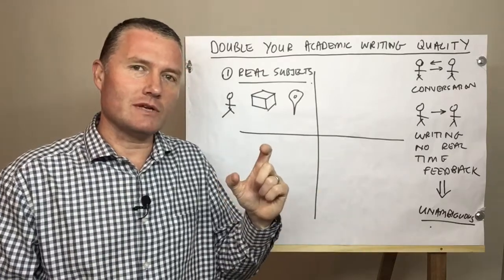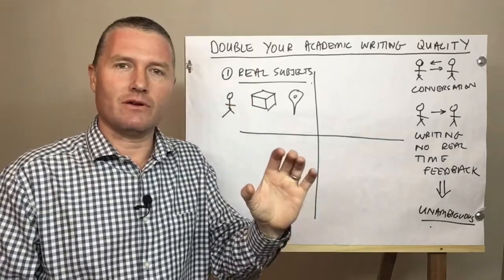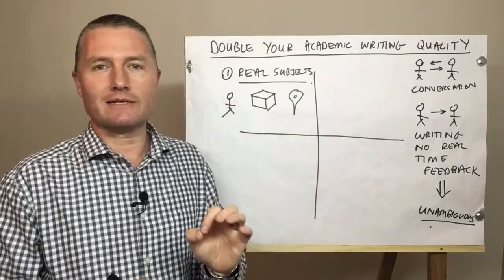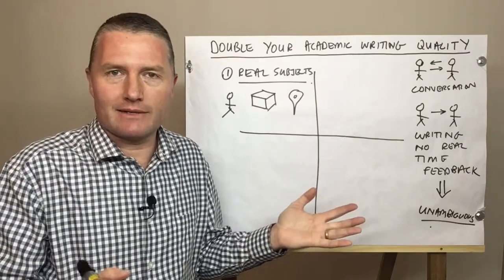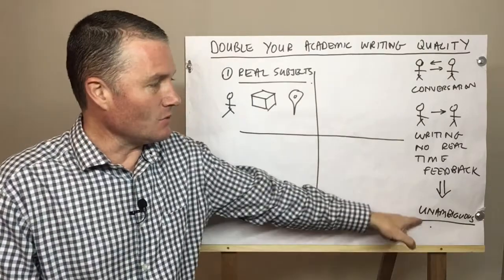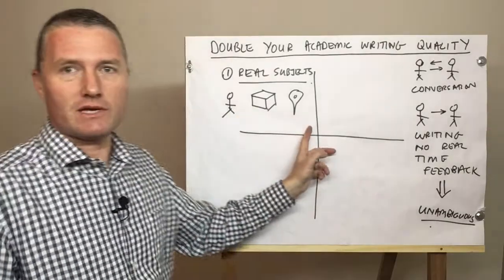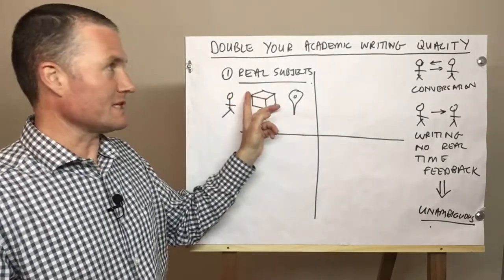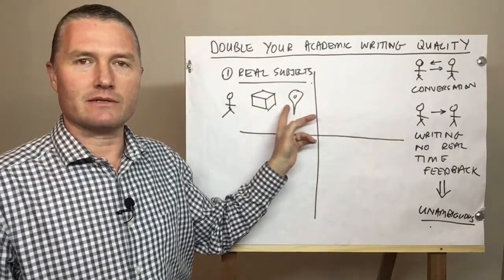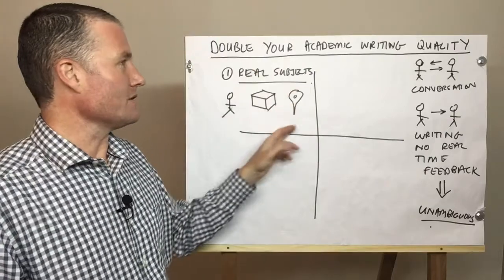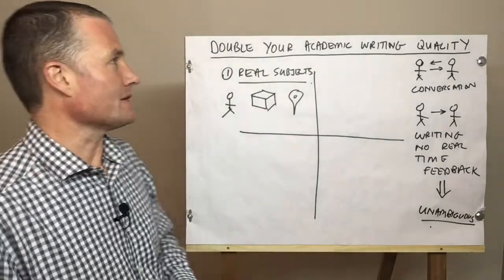And while you must never oversimplify the important depth of the subject or the topic that you're writing about, there's no reason to make your writing any more complicated than it absolutely has to be in order to communicate unambiguously. So the first practice over here is real subjects. And I spend an entire lesson on exactly that practice in the course and go into a lot more detail and take you through a couple of examples of that.